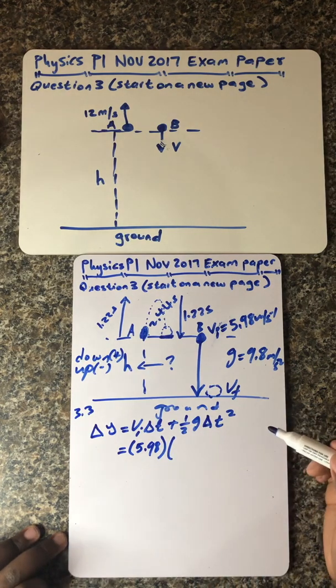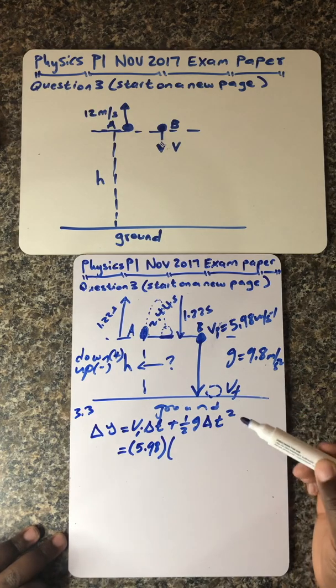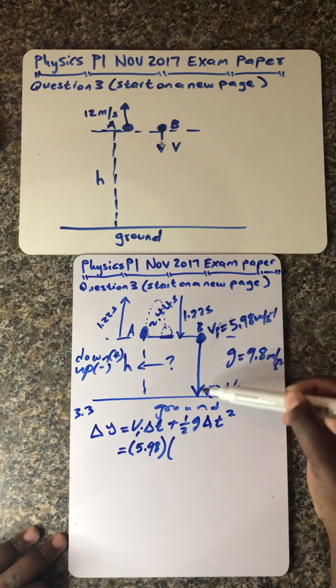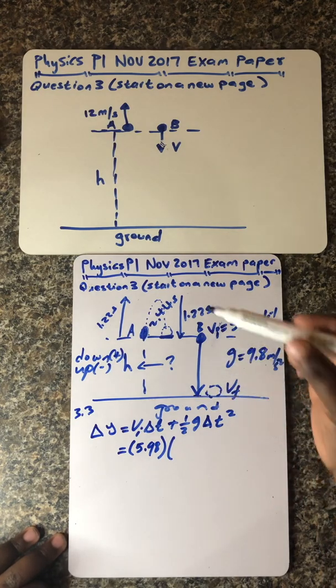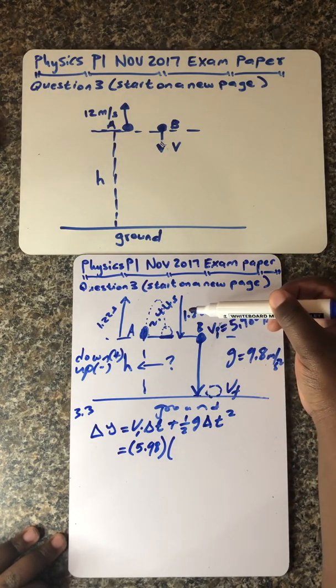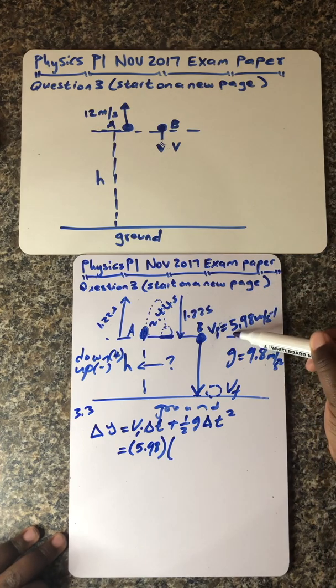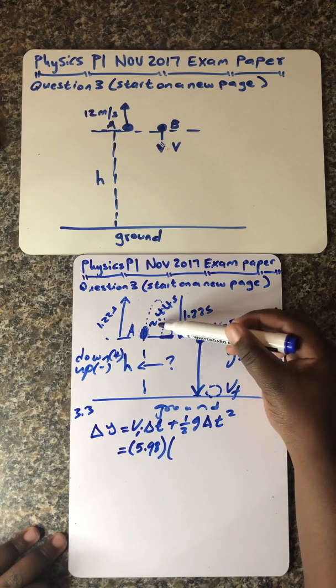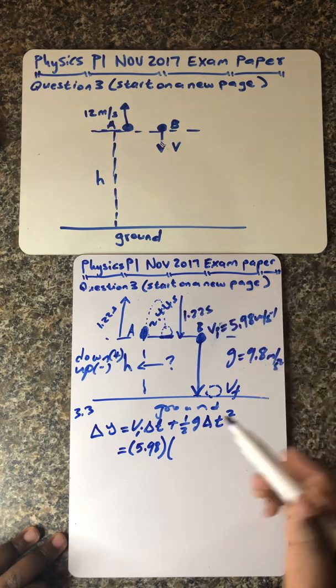So the reason why I wanted a formula that has time is because the height covered is a result of this object falling down at an initial velocity of that and covering a time of 2.44 seconds.